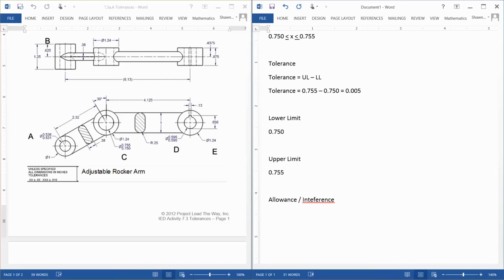Our equation for this is equal to the maximum material content for the interior, minus the MMC for the exterior. Sorry, this right here is the interior, and this right here is for the exterior.